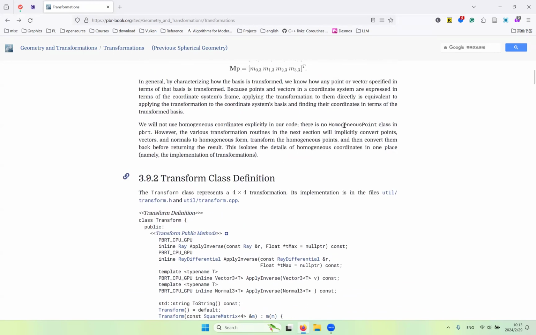PBRT does not have a homogeneous point class, but a lot of transformation routines will use the homogeneous form because it's easier to deal with.